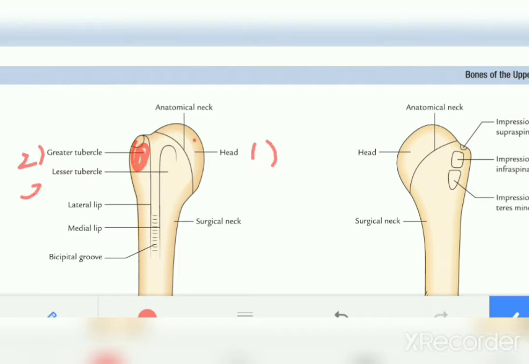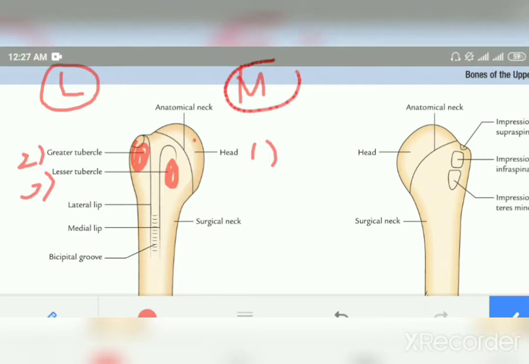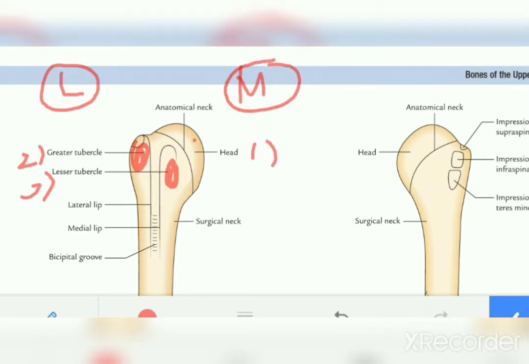Then this is the lesser tubercle, another elevated part. The greater tubercle is usually bigger, so we call it greater tubercle, and the lesser tubercle is usually smaller in size, so we call it lesser tubercle. And look, this is the medial side and this is the lateral side. The head lies medially, so the lesser tubercle lies medially and the greater tubercle lies laterally.